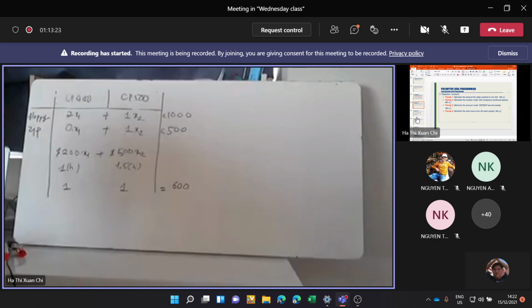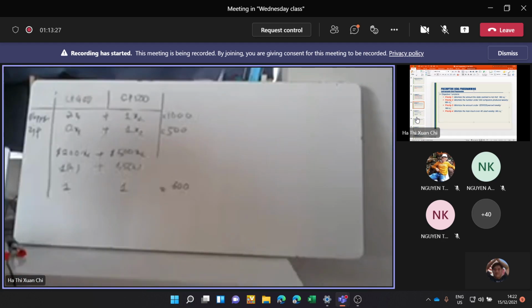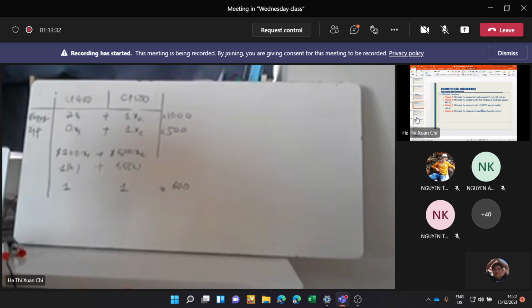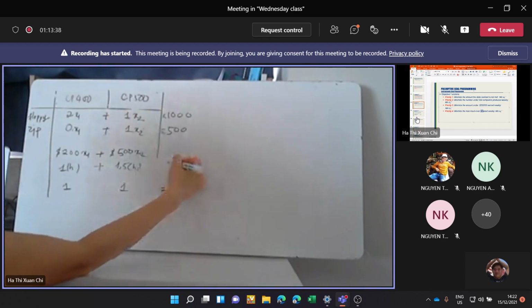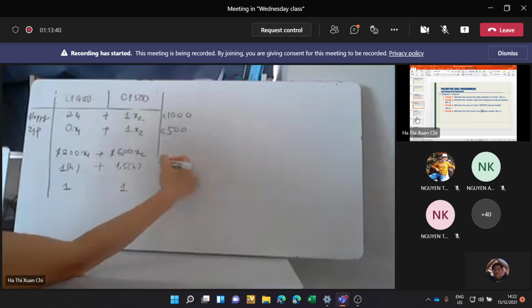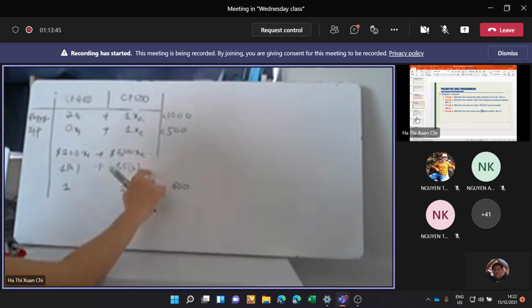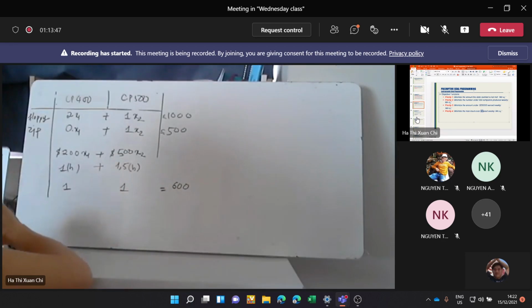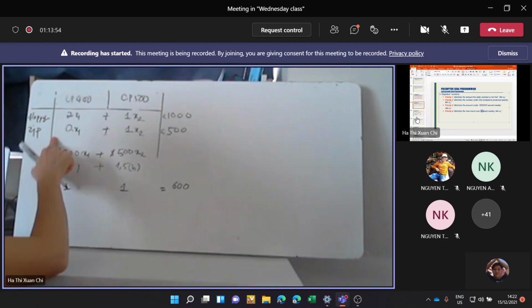So how we can formulate that? Here is hour. Hour, this one. That is hour. Minimize. That is the first low constraint.